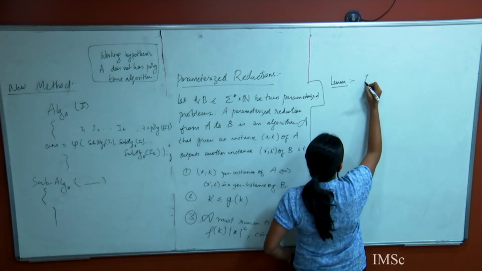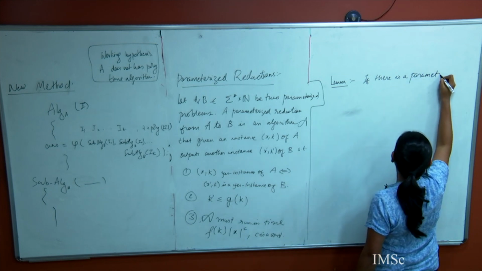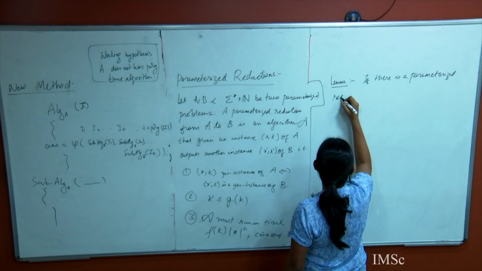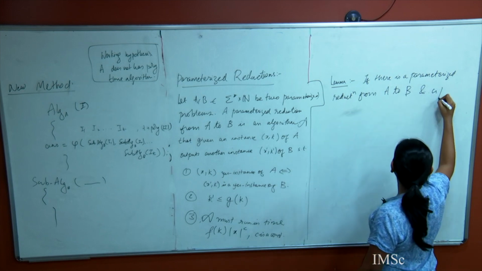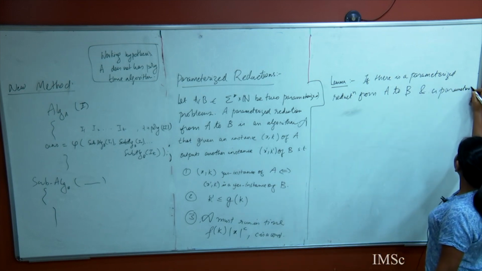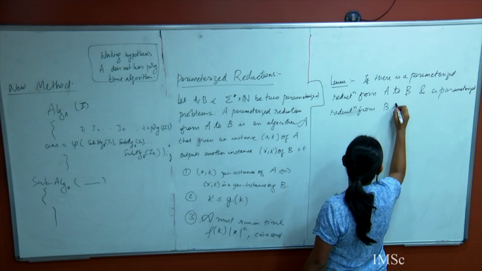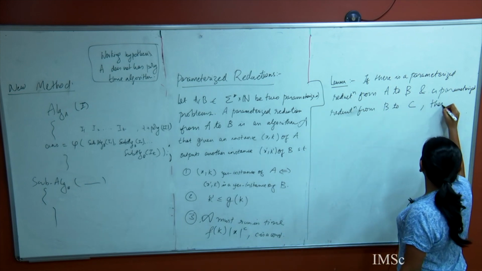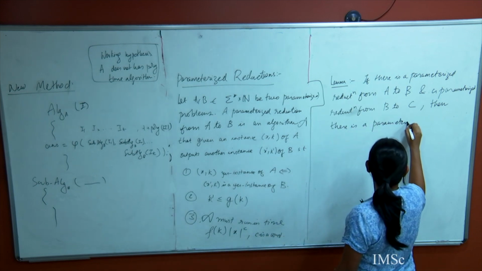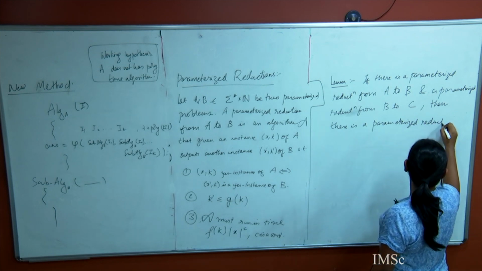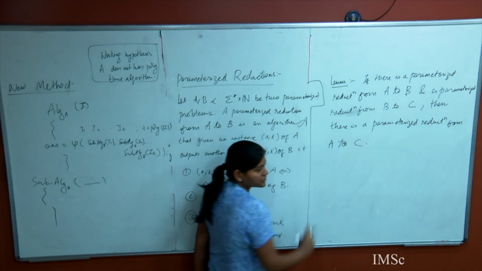So if A reduces to B and B reduces to C, then there is a reduction from A into C as well.